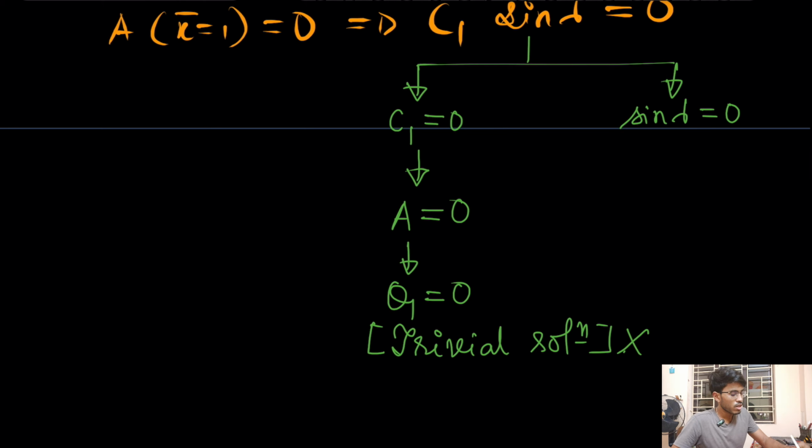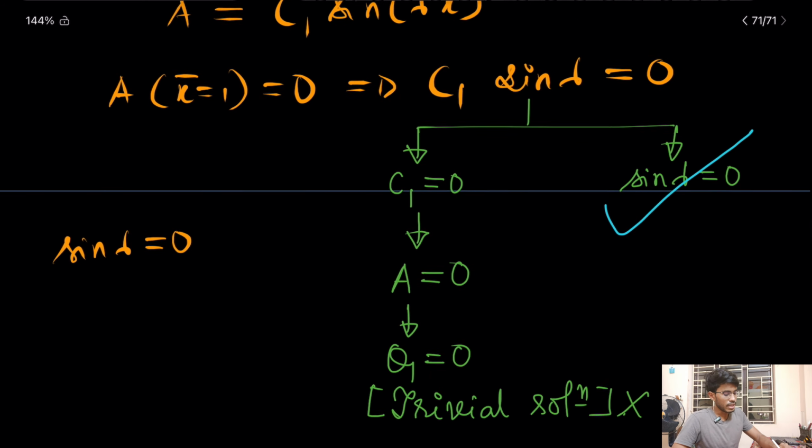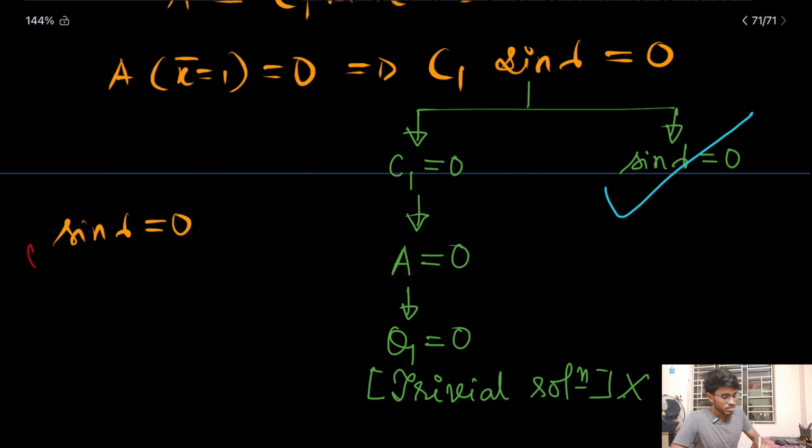So we will reject this solution. So my sine lambda is equal to 0. This is called the eigen condition, not equation.